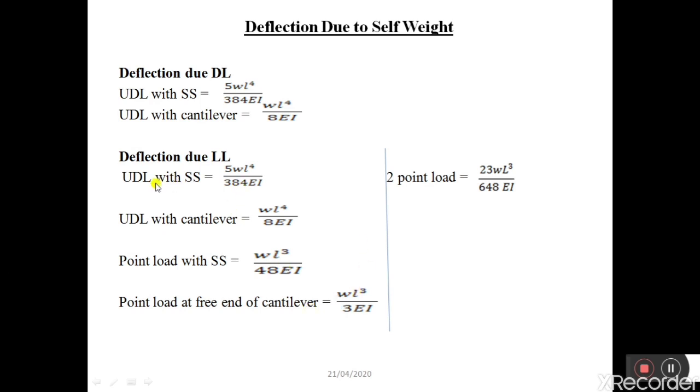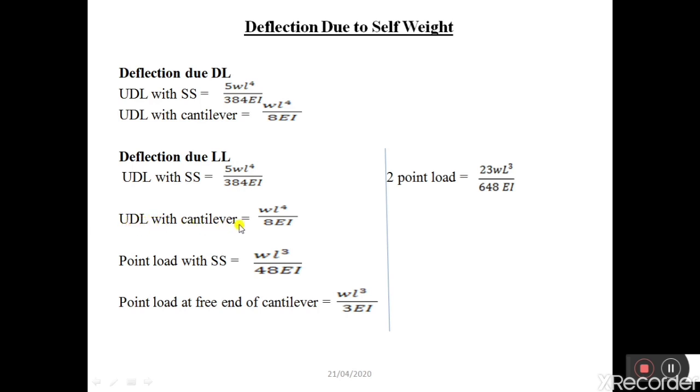If I want to calculate a deflection for a simply supported beam and the live load acting on that simply supported beam is in the form of UDL, then in such case the formula is 5WL to the power 4 by 384 EI. Suppose a member is a cantilever member and the live load acting on that cantilever member is UDL.